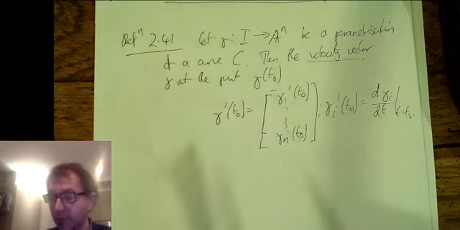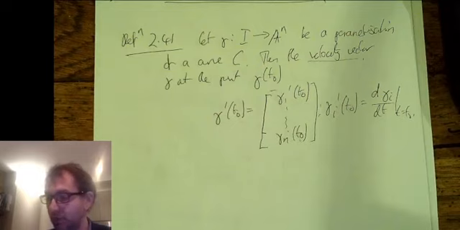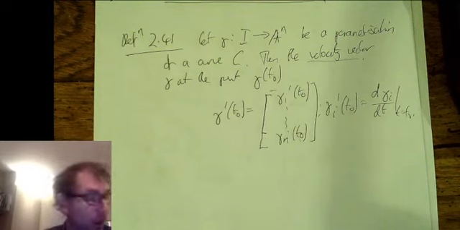So in the case that we've got a curve here, we end up getting this vector at each point along the curve given by the parameterization, and that vector lives inside A^n, or inside the tangent space at each point. So what you end up doing is creating a vector field just along the curve. This isn't a vector field that exists across the whole space, but just along the curve.